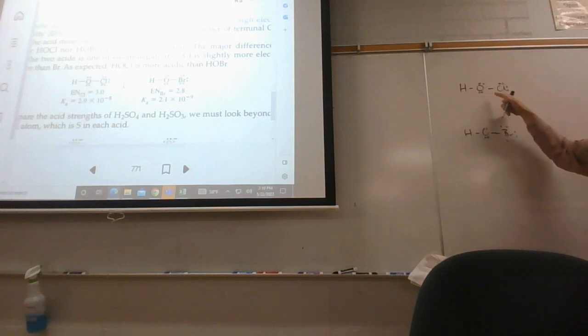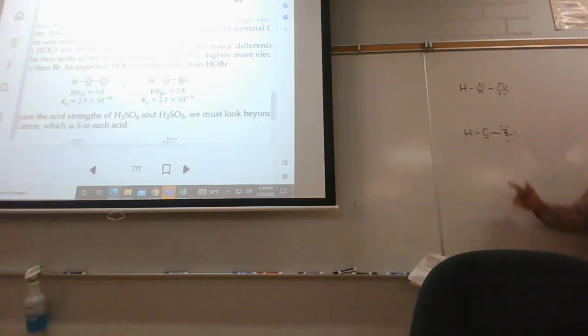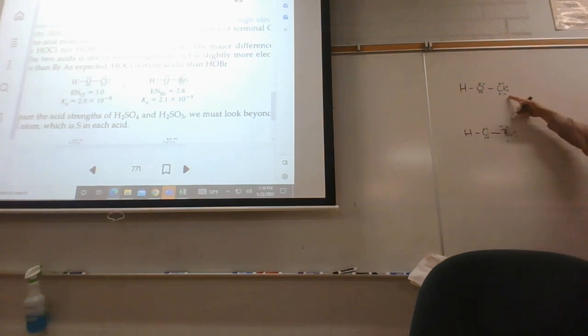Oxygen is also in a tug of war with chlorine, and against chlorine, oxygen also wins. Over here, it's the same thing. Hydrogen versus oxygen, oxygen wins. Oxygen versus bromine, oxygen wins. But then we have to factor in that, yes, oxygen's more electronegative than chlorine, but chlorine is more electronegative than bromine. So this is a 3.0, that's a 2.8.